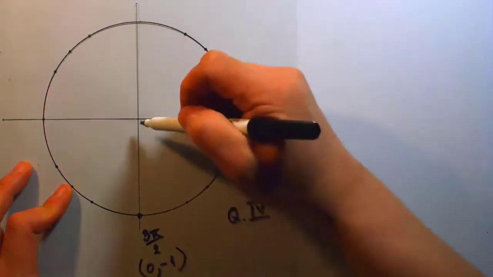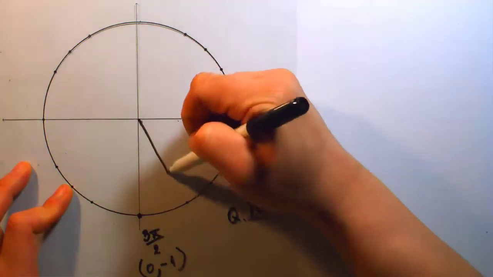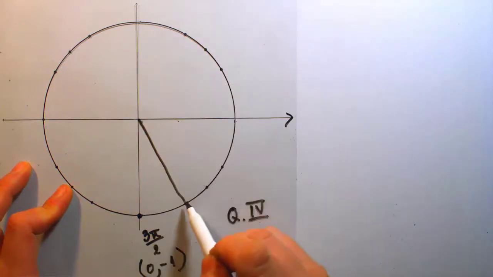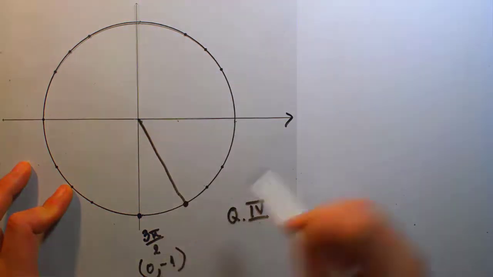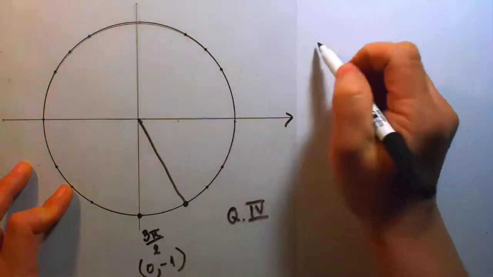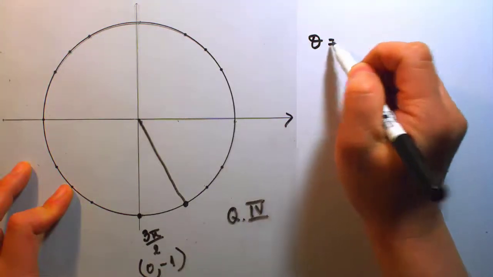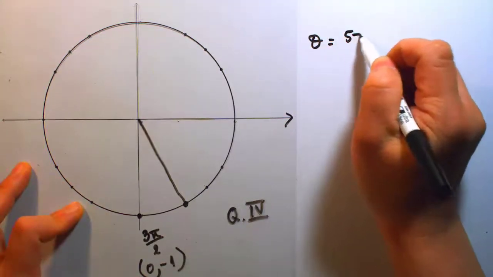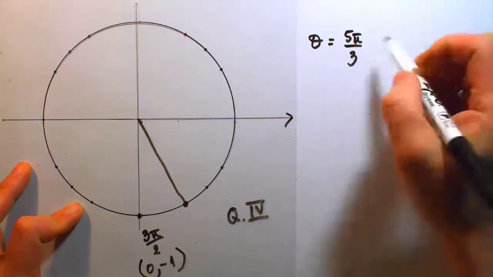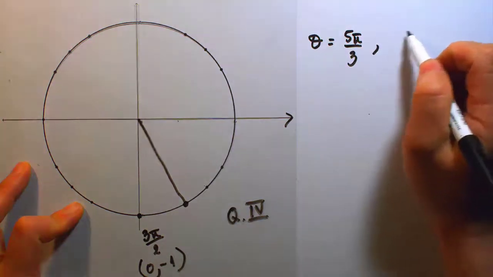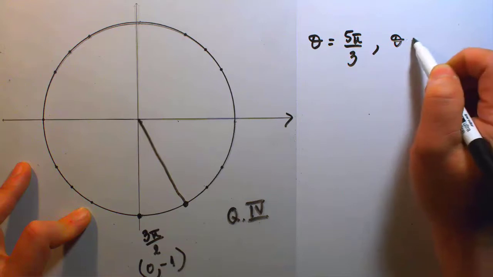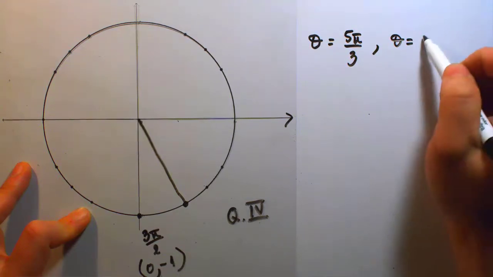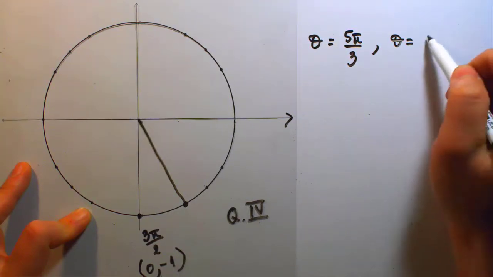So now when my terminal point is here, making a central angle of 5 pi over 3 in radians, in degrees it's the angle 300 degrees.